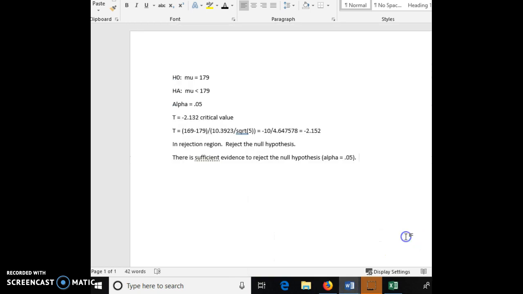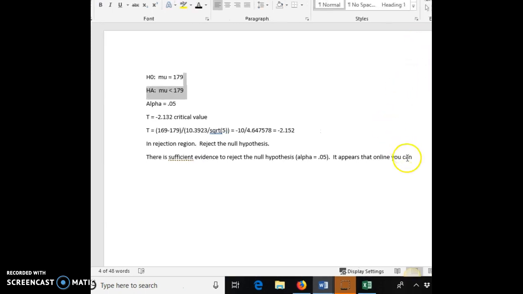So let's just write that. It appears that online you can purchase the tennis racket for less than $179.